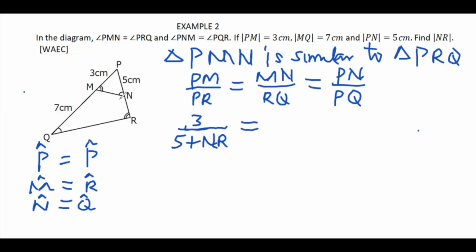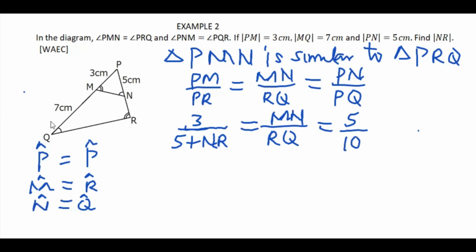MN is not given. Are we given RQ? RQ is not given. What about PN? I will give you on the diagram PN, that is 5 over PQ. Where is PQ here? PQ is 3 plus 7, that is 10.